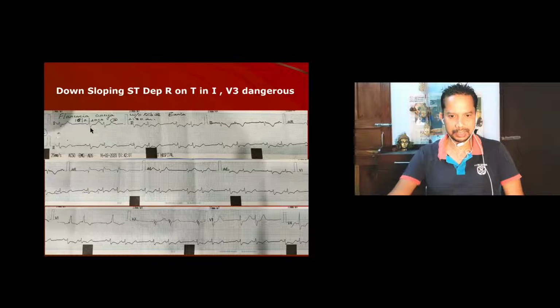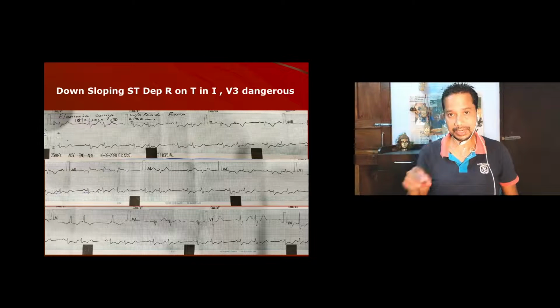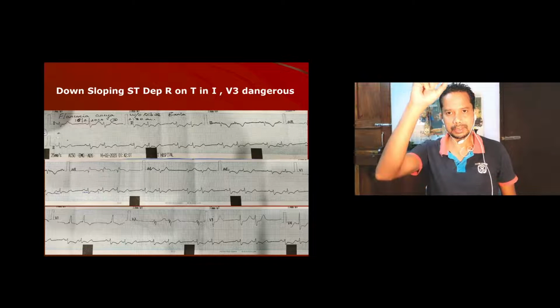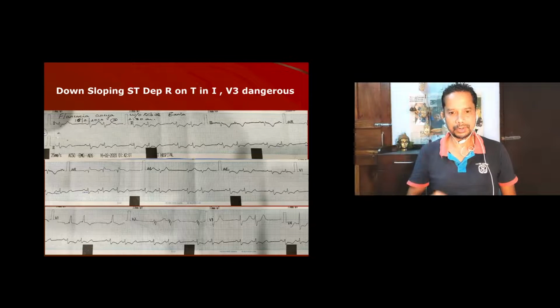I know R is taller than the S wave is deep, so R wave is more positive. So the axis is again at around 0 degree. So lead 1 has become positive, aVF becomes negative, minus 90 degree we plot aVF. So it is the left axis deviation quadrant. So like that you have to determine.